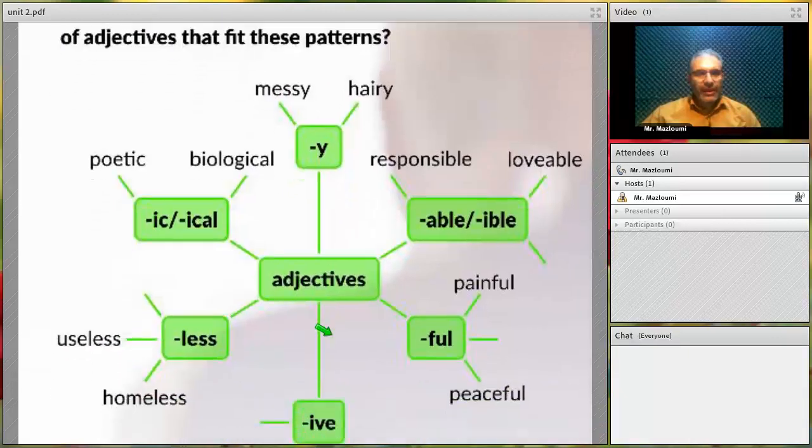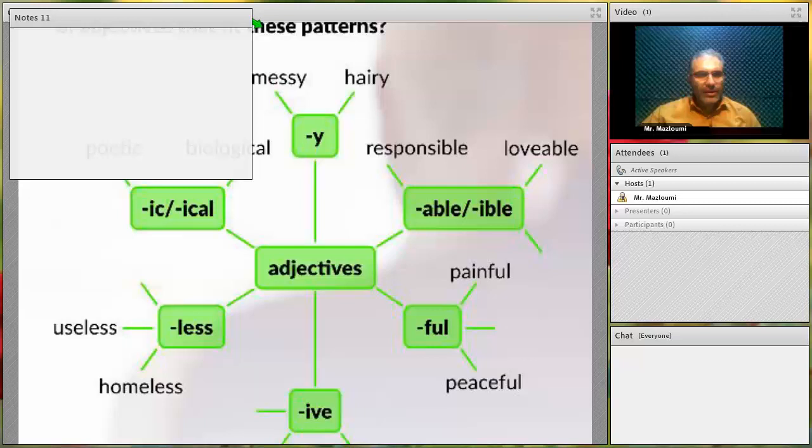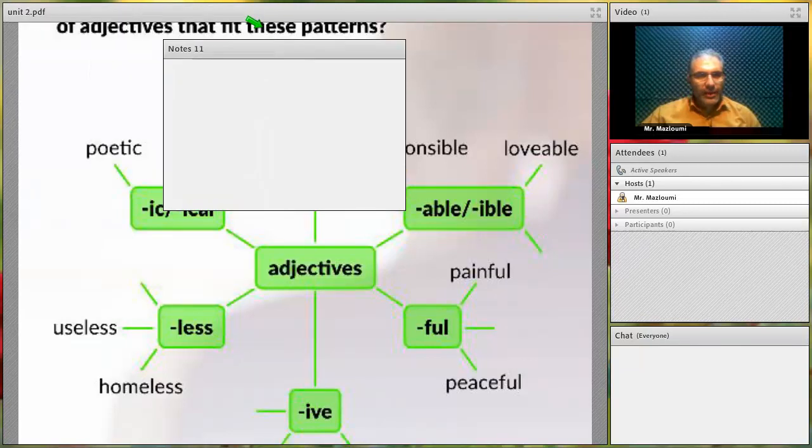So we have a word web here, we have adjectives. By the way, everyone, we call these suffixes. In English, we have suffixes and prefixes. Let me give you an example.